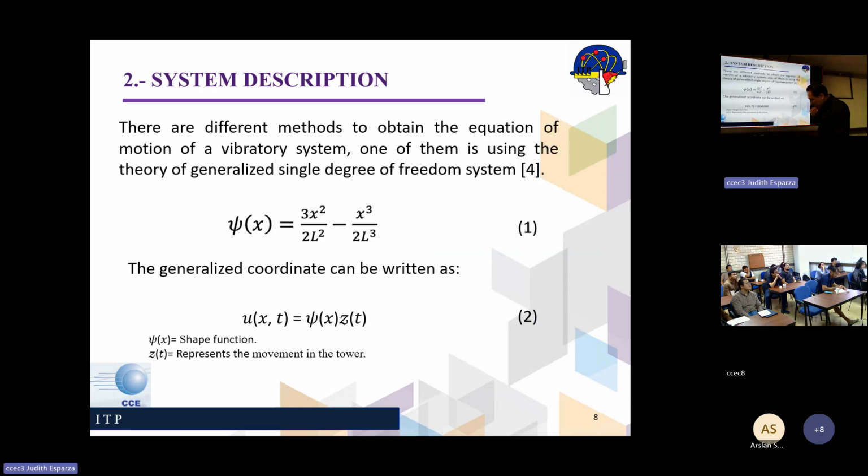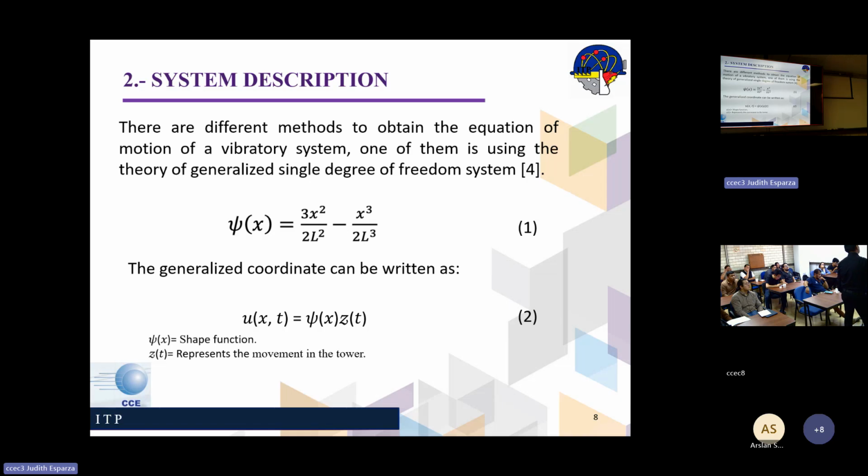So, our first step is to obtain the natural frequency in an analytical form. There exist different mathematical methods. We use the generalized single degree of freedom system. This method changes a many degrees of freedom system into a single degree of freedom system.